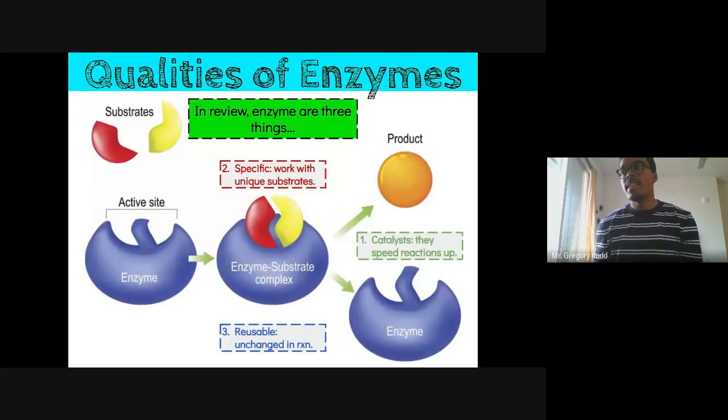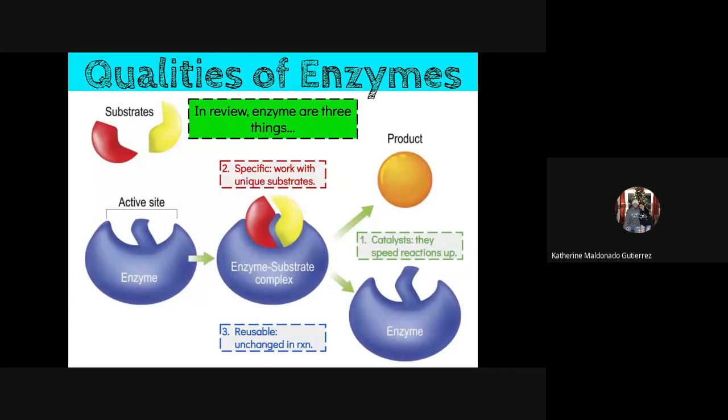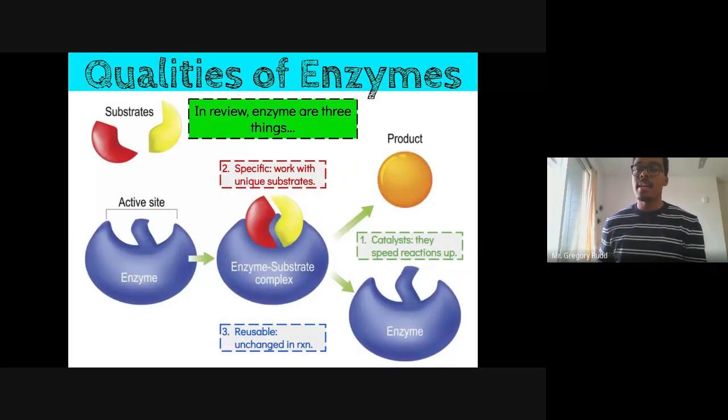And so because enzymes are proteins, what is the monomer that makes them up? What's the monomer of it? Go ahead, Kathy. Amino acids. Good. So yes, enzymes are proteins, which means that they are made up of amino acids. Excellent.